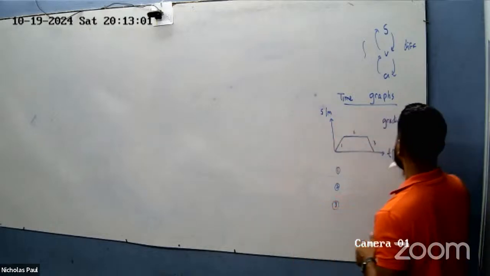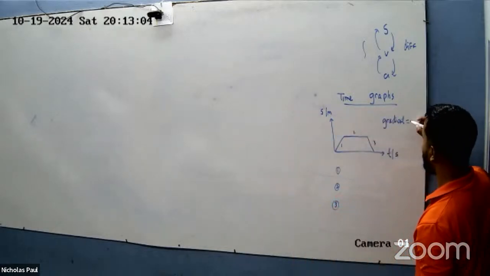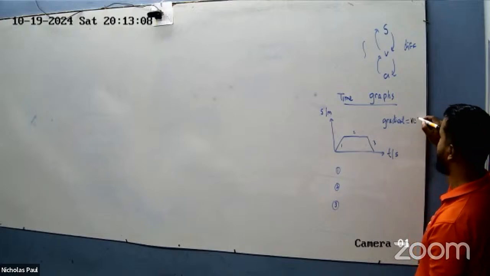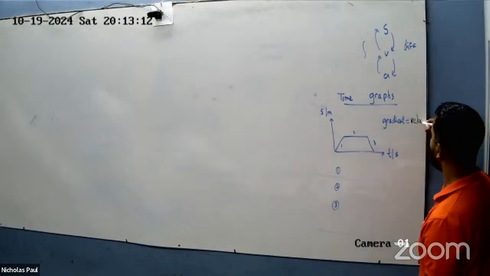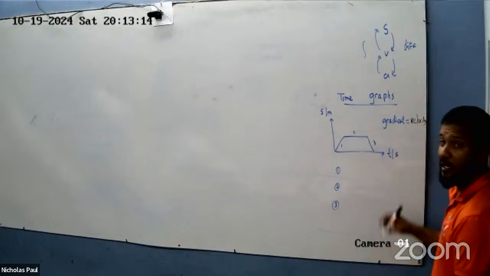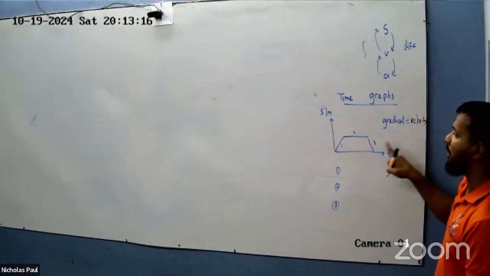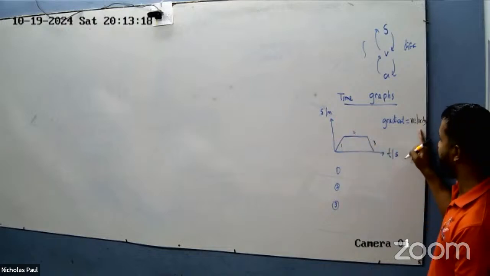So the gradient of a displacement time graph is velocity. Right? So the gradient is velocity. So the gradient of a displacement time graph is velocity.